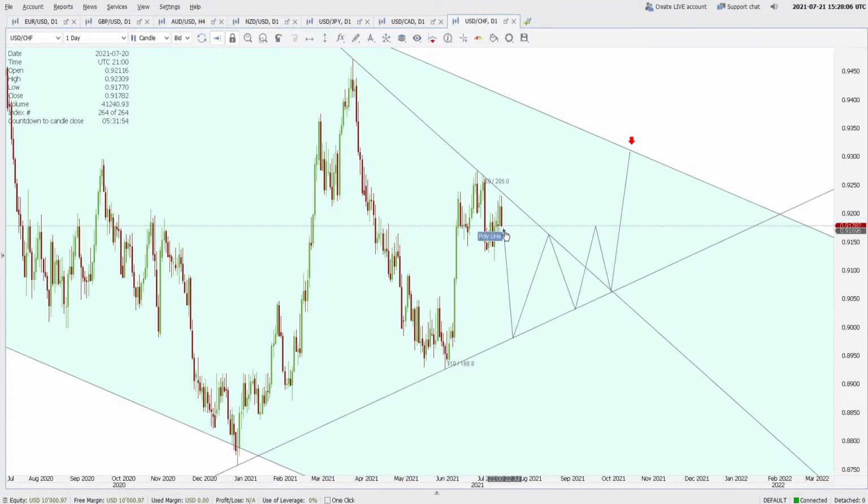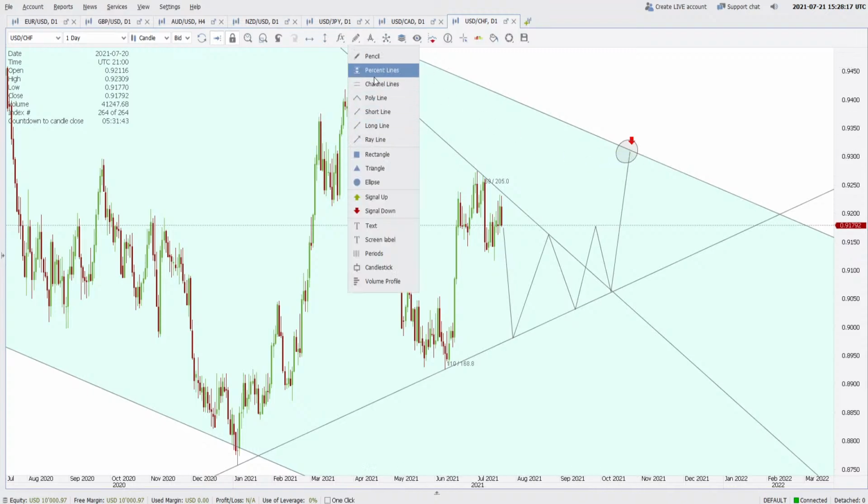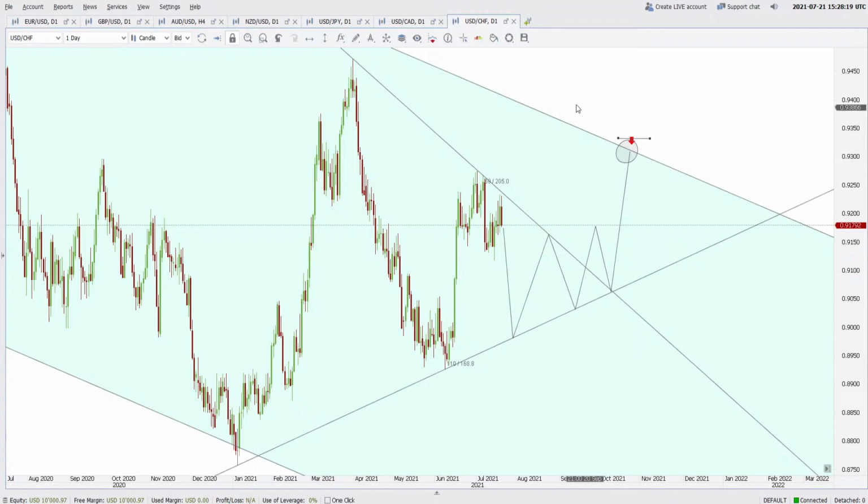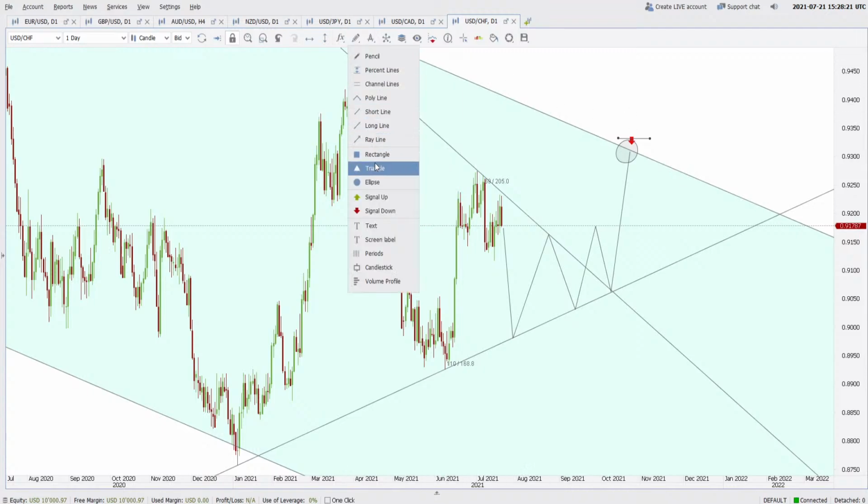So the idea here is that we wait for such an area to open a sell position, and then we keep a stop loss somewhere here.